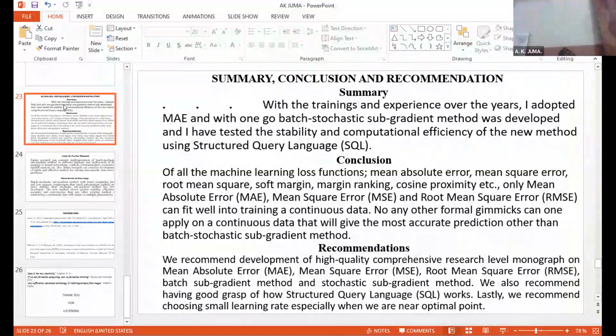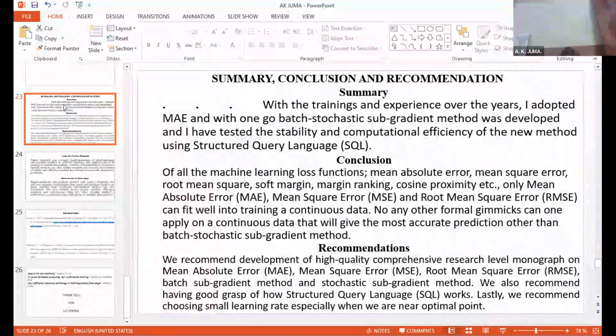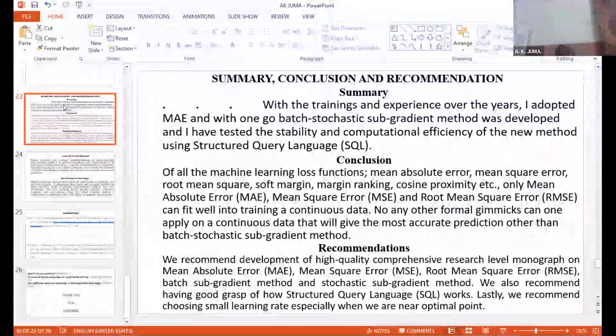So we have a conclusion. We have tested a lot of machine learning loss functions, and we discovered that it's only MAE, MSE, and RMSE that can fit well into training on continuous data. No other formal method one can apply on continuous data will give the most accurate prediction other than the batch-stochastic sub-gradient method.